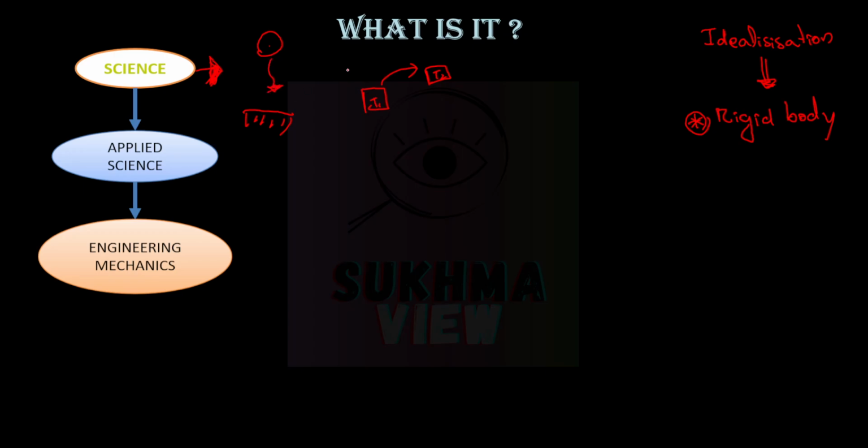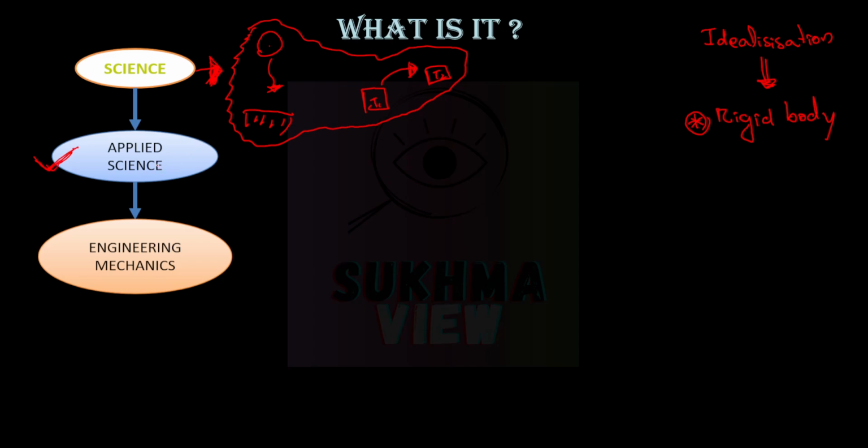These are the concepts of science. That means we observe natural phenomena, and then we apply these concepts of the universe to make something. That is known as applied science.